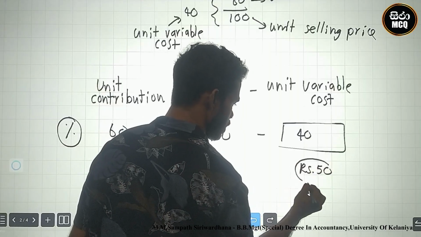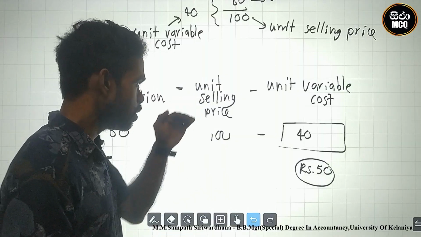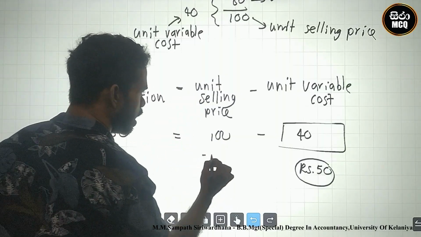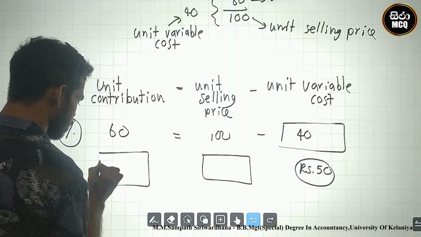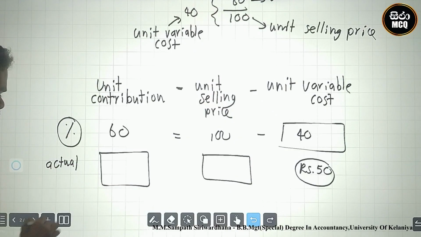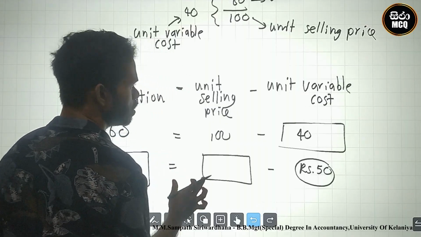Therefore, we connect this to the percentages and we can find the actual selling price and actual contribution. In that way we can find these answers.